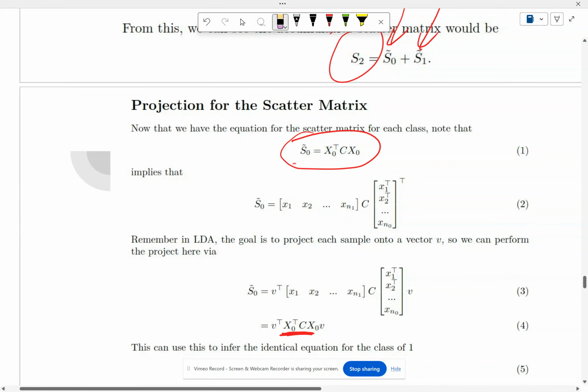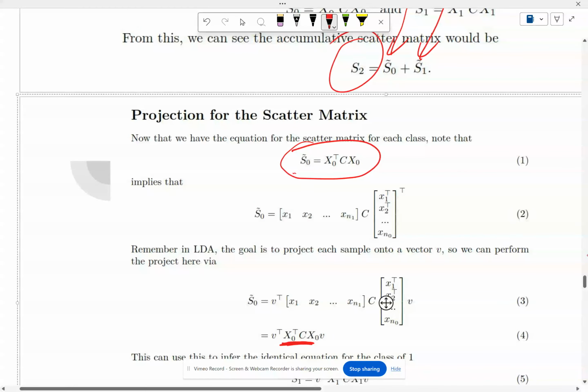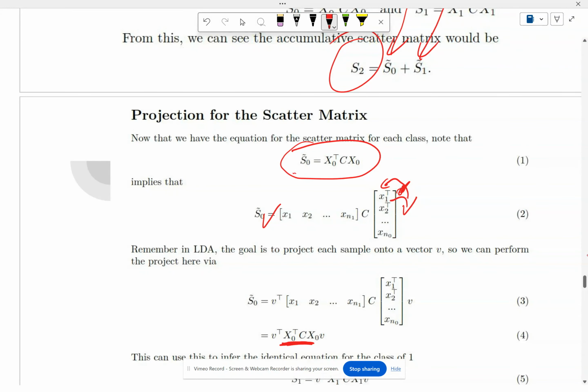My point here is that if you want to do a projection, you just put a V here and a V here. Once you do the V, you can just project it down to every single point. Notice how if you multiply V by each one of them, you are just going to get the coordinate.